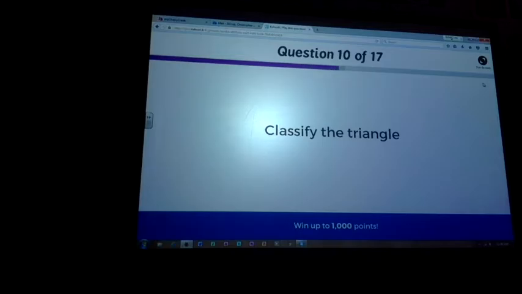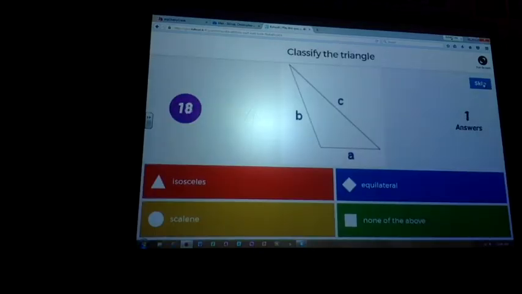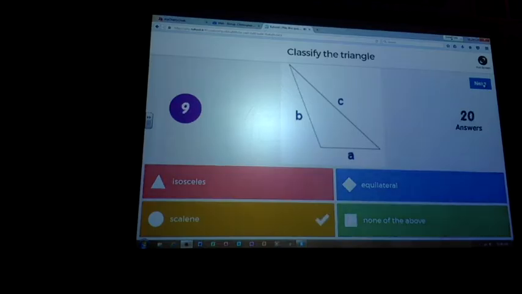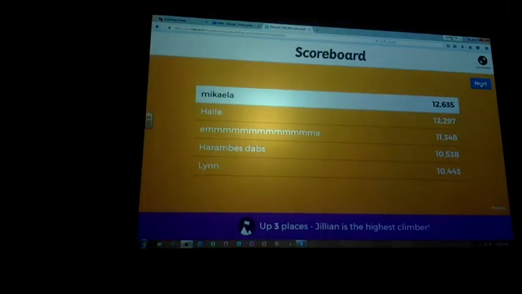It might change to angles and sides that you have to do both. Oh, I can't see. You see that? Oh yeah, scaling.